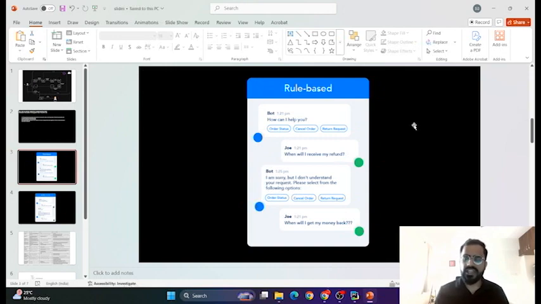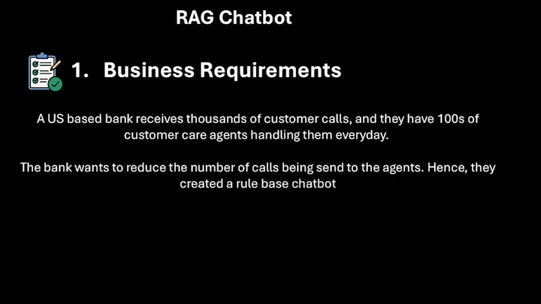But what happens in this case is, in many scenarios, the client's actual query or problem is not listed in one of the pre-selected options. Hence, the calls unfortunately get diverted to the customer agent, who then has to handle and resolve the query. So that is the main problem statement.